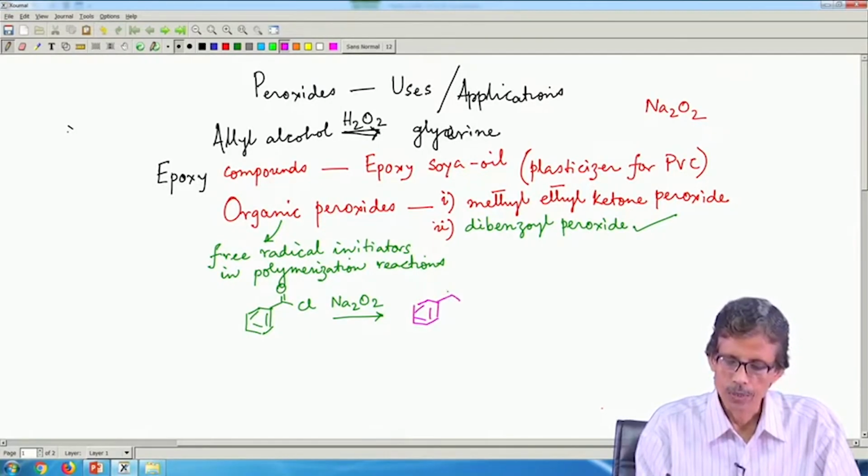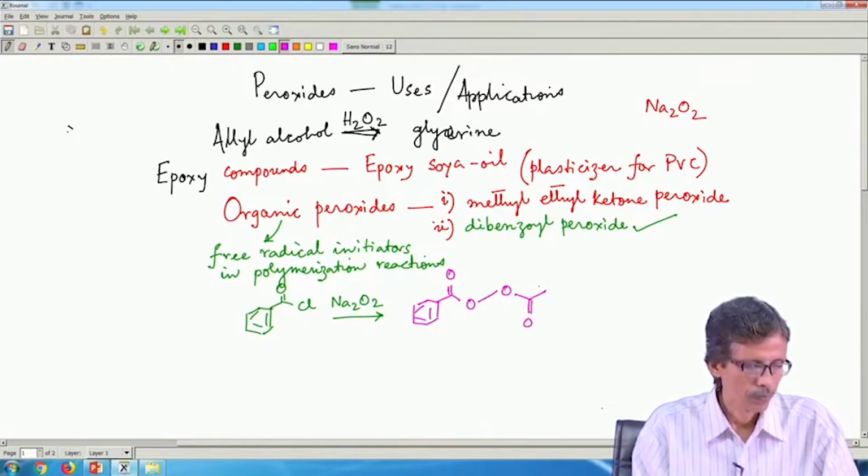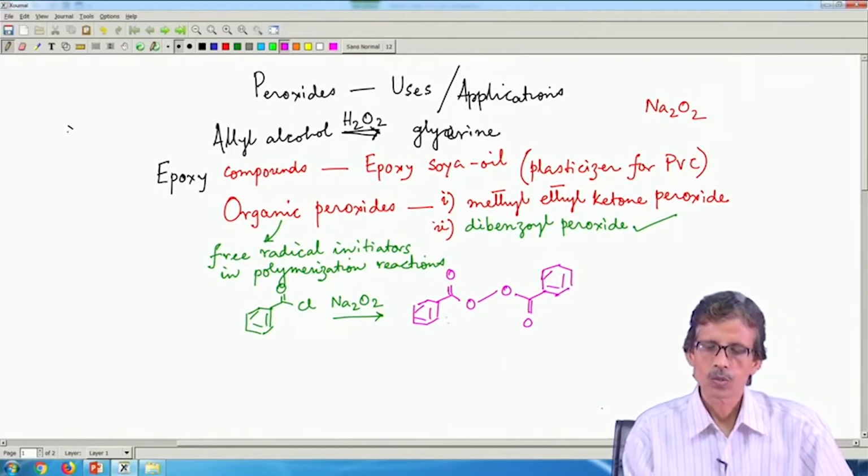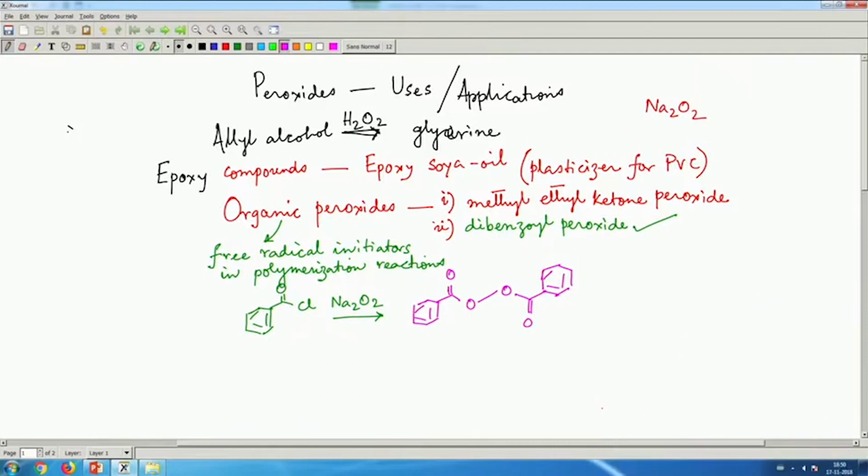The peroxo linkage, O-O, can be introduced within this molecule, giving a typical organic derivative of hydrogen peroxide or sodium peroxide.